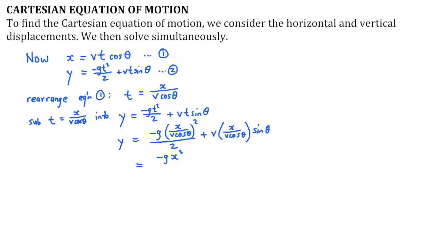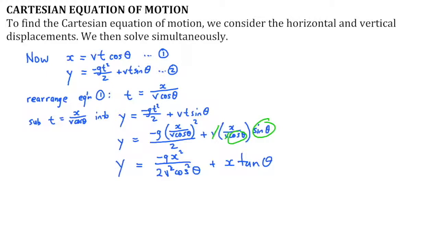So I will get over 2 v squared cos squared theta, plus, now when I look at this, I can see there's a v and there's a v. They'll cancel each other out. And I've got a sine theta over a cos theta. Sine theta over cos theta is tan theta. So it's just going to simplify down to x tan theta.